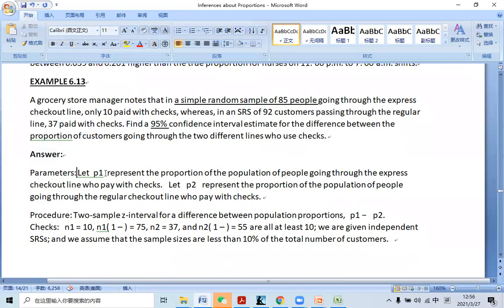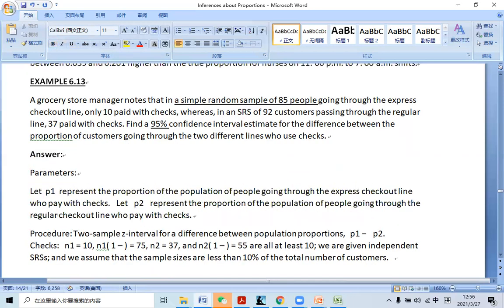Confidence interval. You have 2 proportions. Proportion 1 is a proportion of the population of people. Now you are shifting from sample to population. Your sample is different from the population, a small part of the population. You are having a not really large sample, 85, sample 1, 92 people, sample 2.